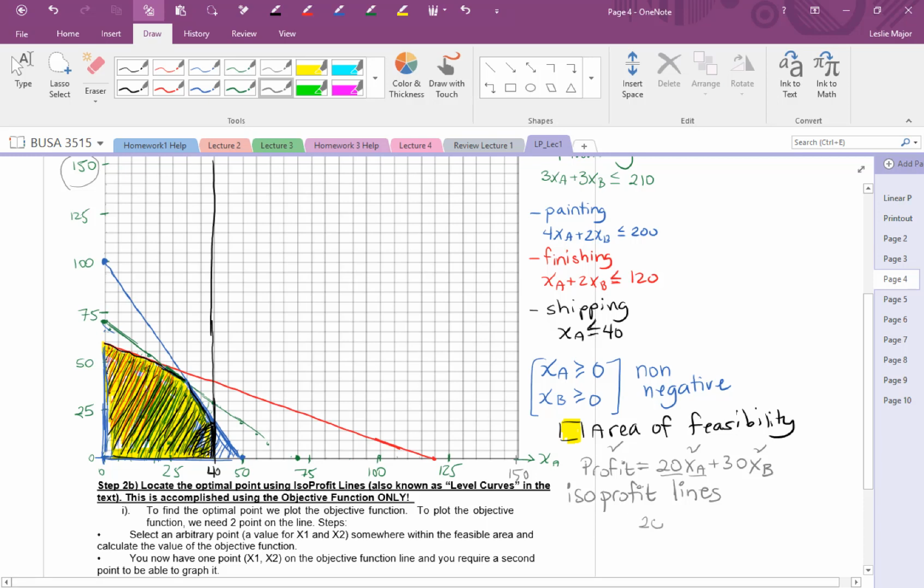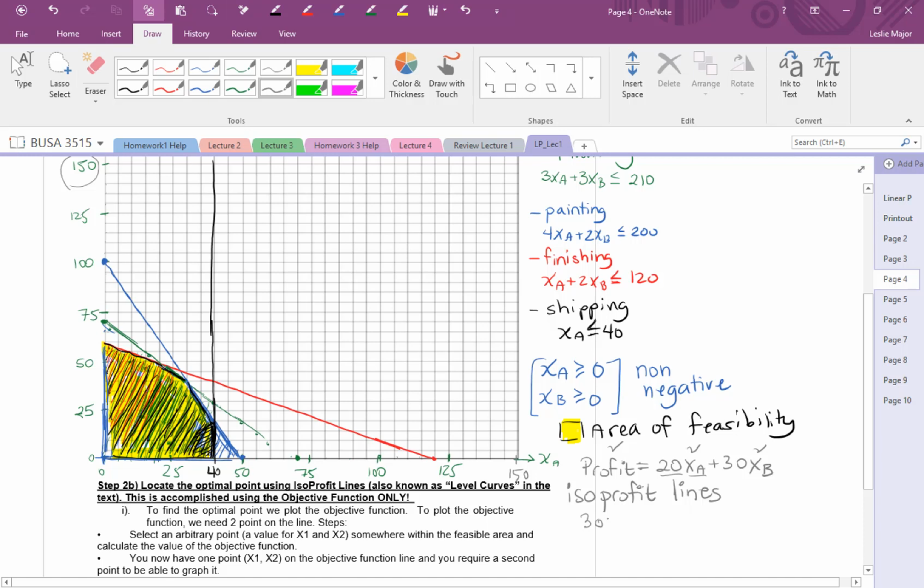That would put me at a maximum profit of 150 times 20, which would become 3,000. So what if I did that? Okay, so an isoprofit line I could work with is a profit of 3,000. So let's try that out and see what that looks like.